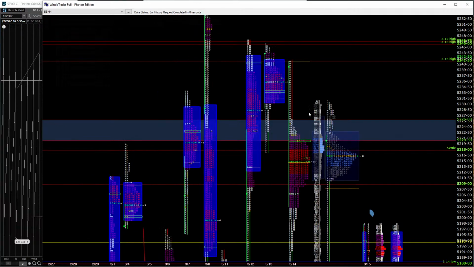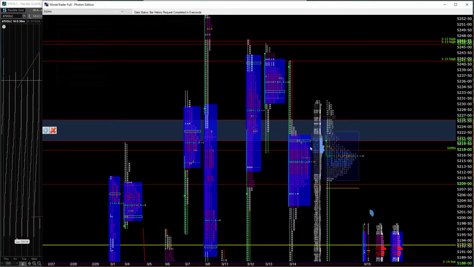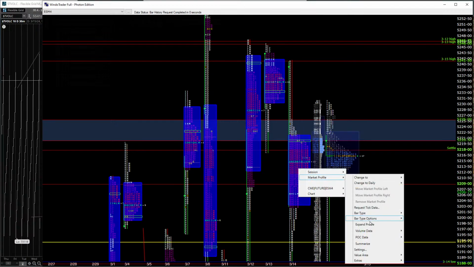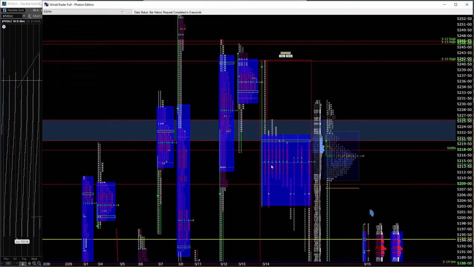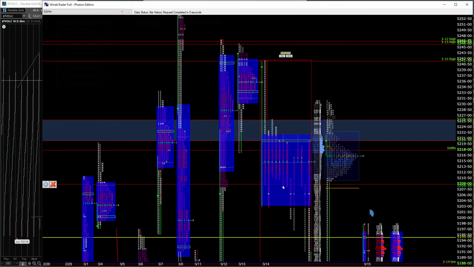If the market comes back up to this area, taking these stops. Remember, we were talking about the firecracker effect yesterday. It wasn't that full, right? That would be better with this POC being lower.